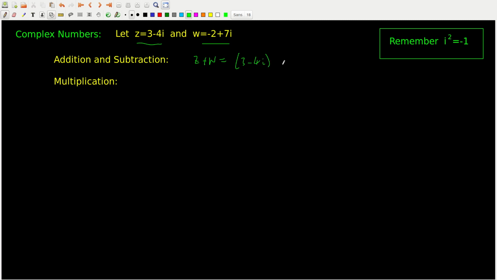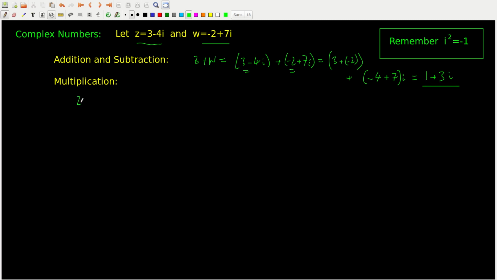So we're adding the real parts, the 3 and the minus 2, and that gives us the real part of this complex number. And then we add the imaginary parts, the minus 4 and the 7. So I've got minus 4i and 7i. I'm literally treating that i as just something that floats around. And so I've overall got 1 plus 3i. So when I add those two numbers, I get 1 plus 3i.